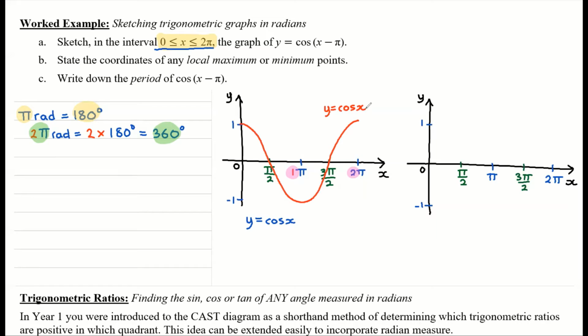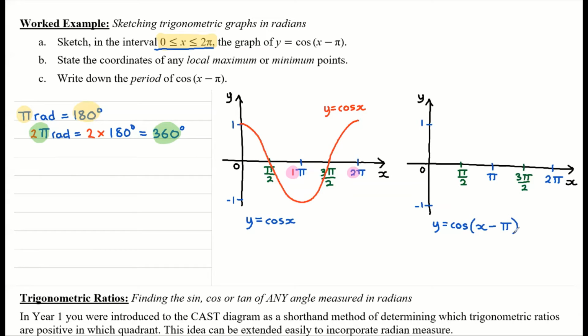Now, on the right-hand side, we're going to sketch the transformation. Just to recap, we did one of these earlier. y equals cosine of x subtract pi, like that.